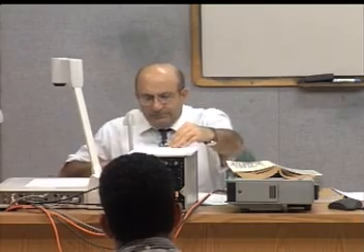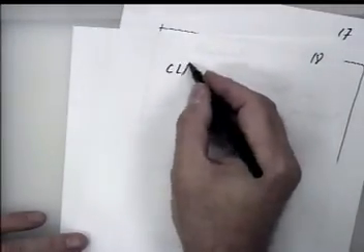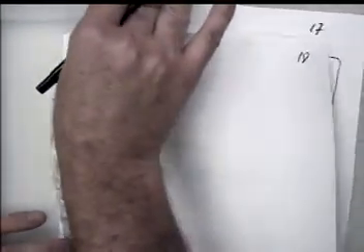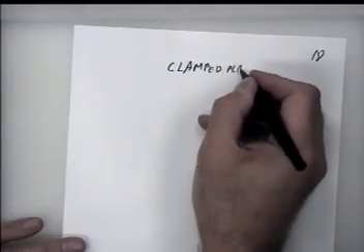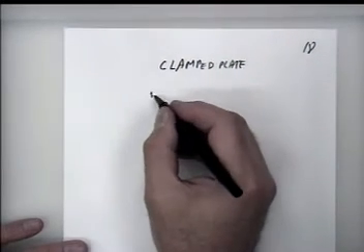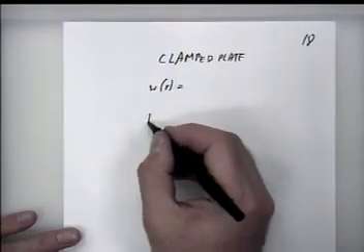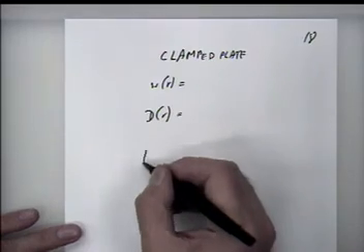And next time, when you bring me the homework, I would like the first page to be just the expression for D of r. I will write down here: it will be a clamped plate. Then w of r, then D of r, N of r.